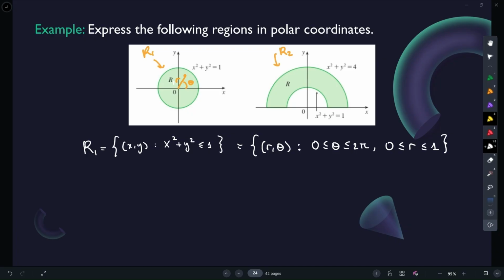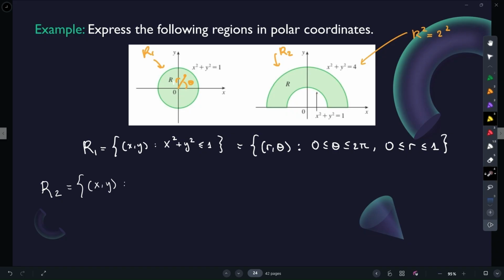Let's try to do now region 2. So let's try to now describe R2 first in Cartesian coordinates and then in polar coordinates. In Cartesian coordinates, those are points that are between the circle of radius 1 and the circle of radius 2, because this is a 4 right there. That is the square of the radius. So the radius is 2.